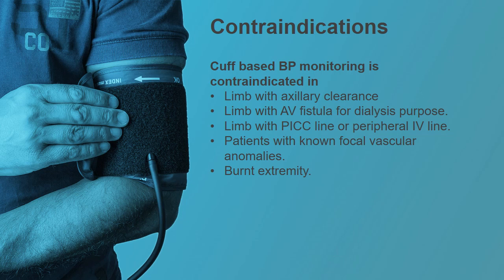A limb with a peripherally inserted central venous catheter or peripheral IV lines also should not be used for blood pressure monitoring by the non-invasive techniques, and likewise in patients with known focal vascular anomalies on the particular limb, you should not utilize that very arm.